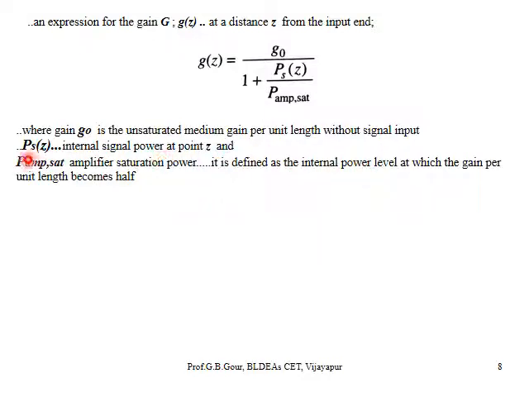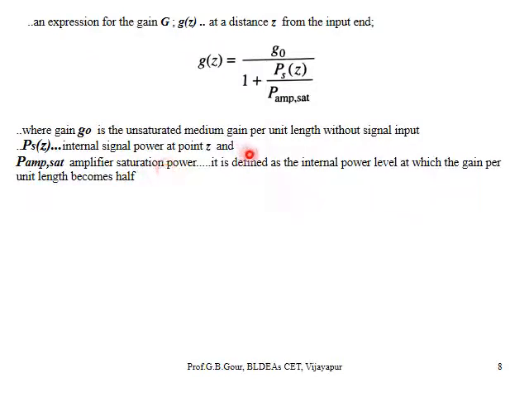But this one directly indicates the power we have internally at a distance Z from the transmitter. But this one indicates saturated power. What do you mean by saturated power? Even though you increase the input further, there is no further increase in the output. Then we can say the gain is saturated, or power is saturated. So in that case, the gain will become half.